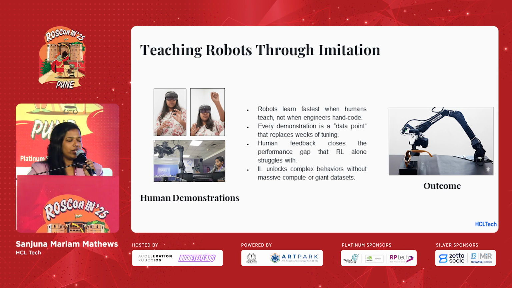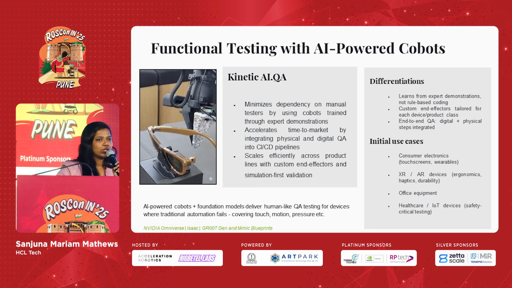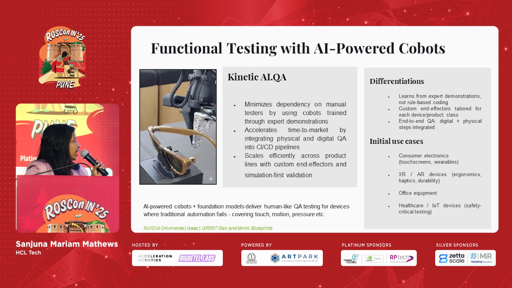So let me introduce Kinetic AI QA, which is an AI-powered quality assurance platform using cobots, which are trained using expert demonstration. We are seeing different initial use cases for this, like consumer electronics, XR AR devices, office equipment, healthcare, IoT devices, etc. The main differentiation is the learning itself.